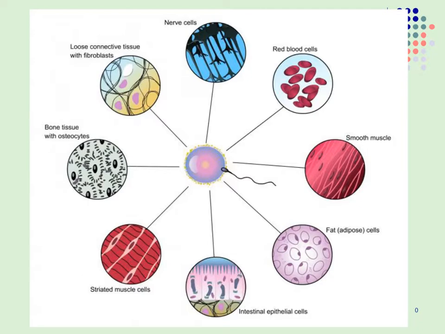And then you have muscle cells. There are different types of muscle cells. This would be smooth muscle cells, which you would find on a lot of your organs. And then you have striated muscle cells that you're going to see in the muscles that you would use to move your arms and legs and things like that. And then bone cells, they look like this. Connective tissue, which would be your cartilage, collagen, all of those look like that.